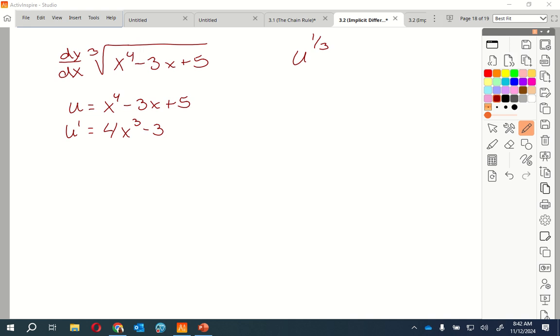And now we could take the derivative. So it would give me 1/3 u, so I'm subtracting 3 over 3, so minus 2 over 3, times u prime.